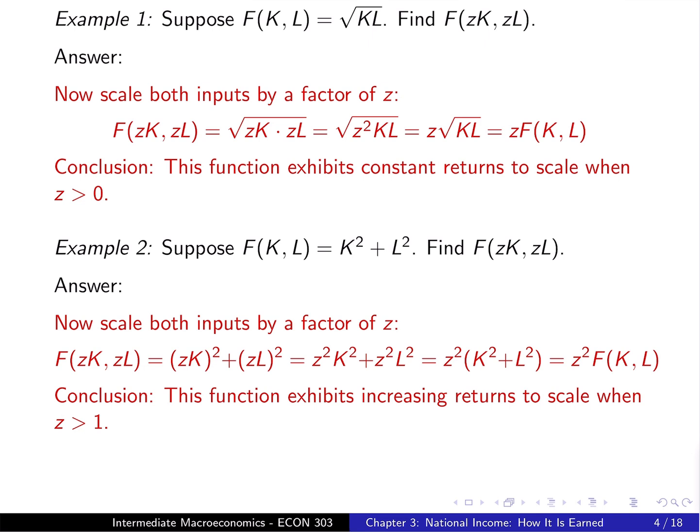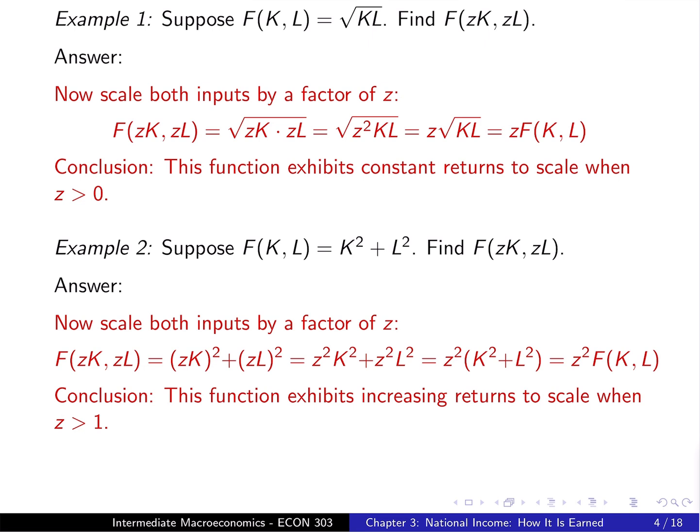Example number 2. Suppose the production function is F(K, L) equals K squared plus L squared. Now scale both inputs by a factor of Z. F(ZK, ZL) equals (ZK) squared plus (ZL) squared.